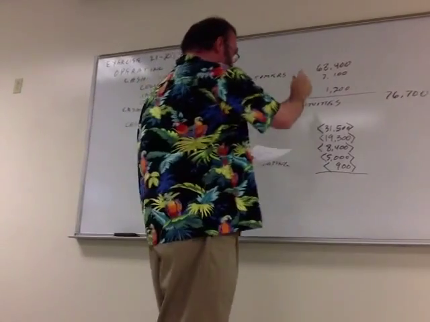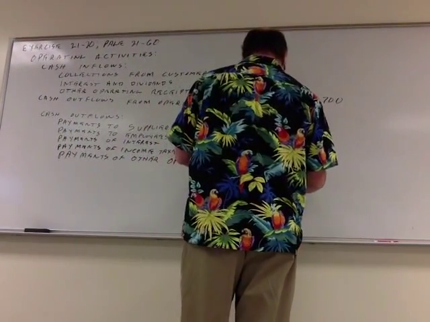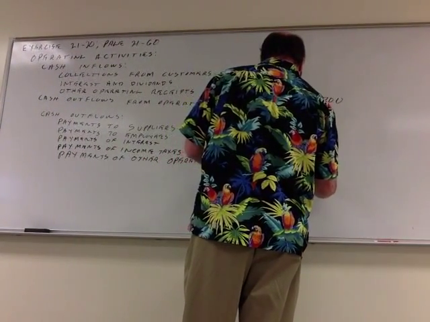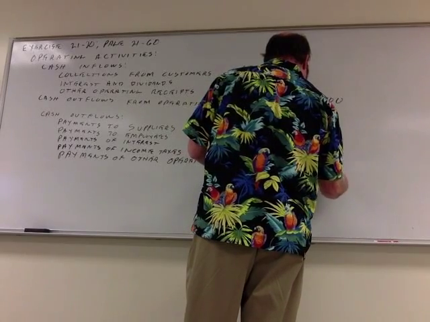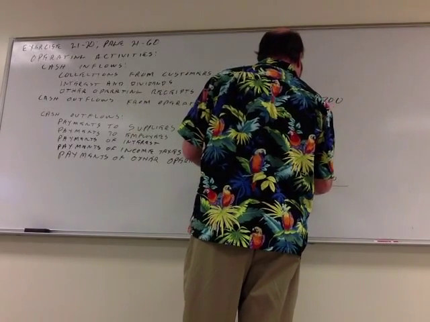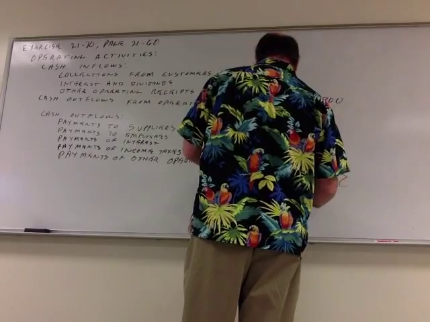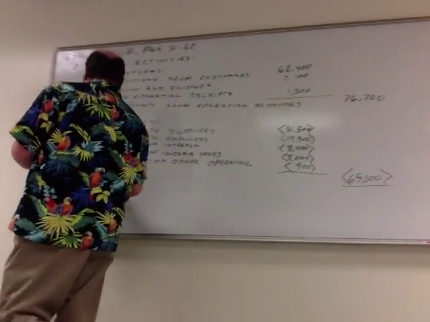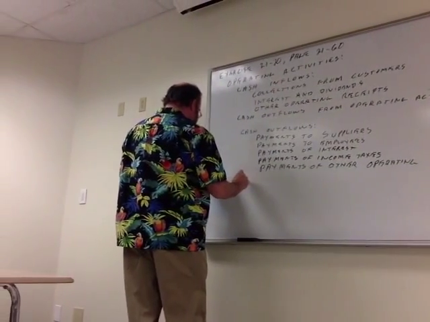And add up all the outflows, and you get 65,100. Which is net cash provided, or cash outflows.